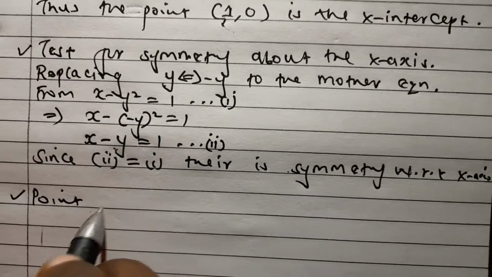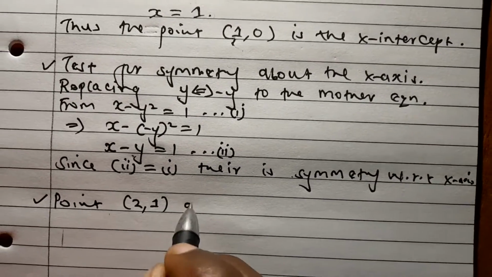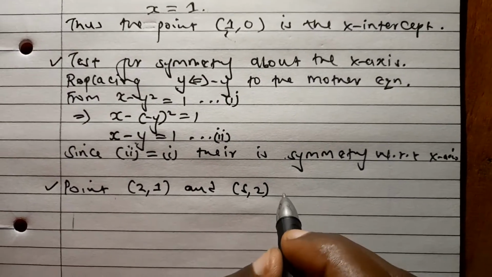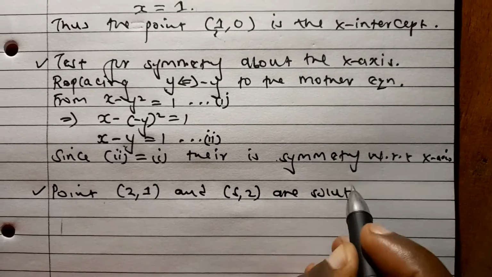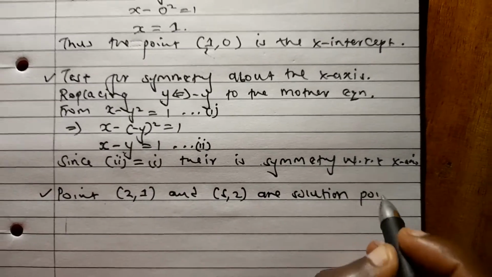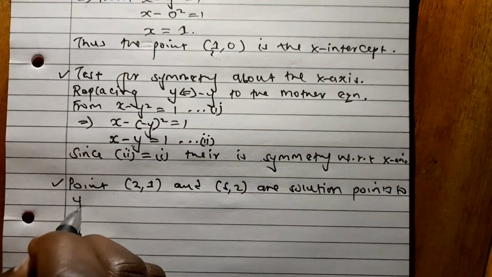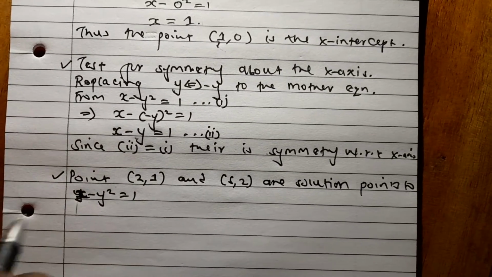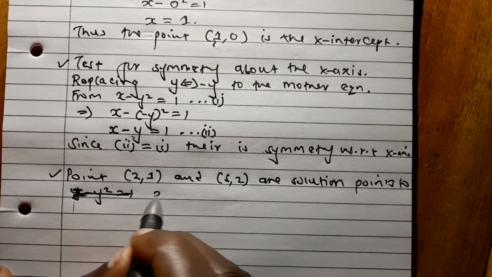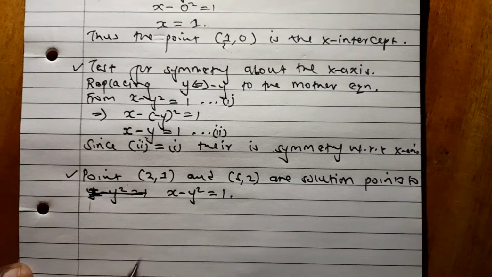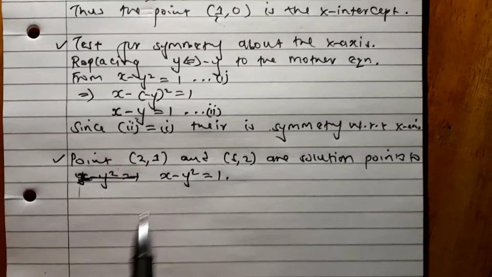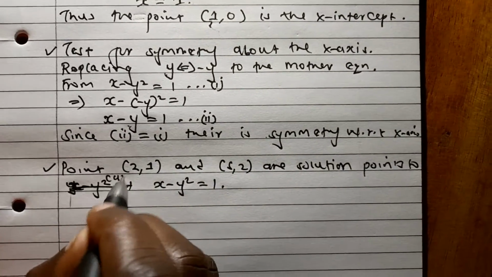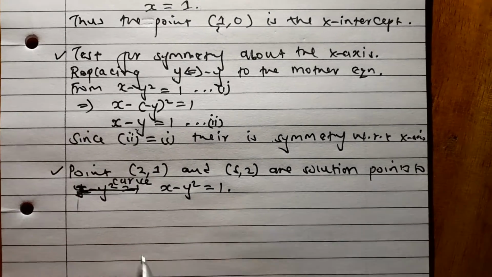We also know that the points (2, 1) and (5, 2) are solution points to the curve x minus y squared is equal to 1.